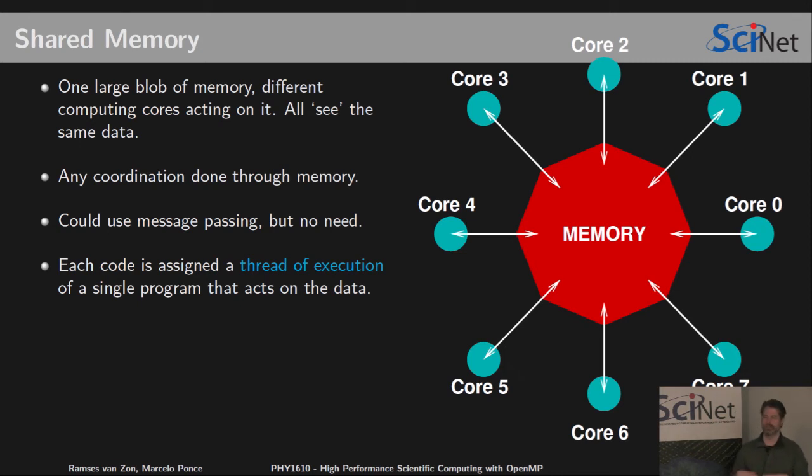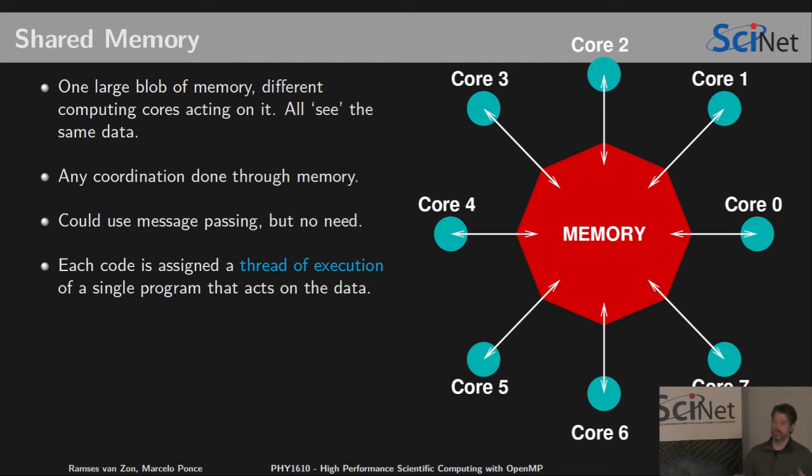Your laptop has a certain amount of memory, 4 gig, 8 gig, whatever, and a certain number of cores, often at least 4 these days, and they all can operate at the same time. All those cores can do something different at the same time, but they share this memory blob, this location of memory. And so if core 0 writes something in memory, core 1 can see it.